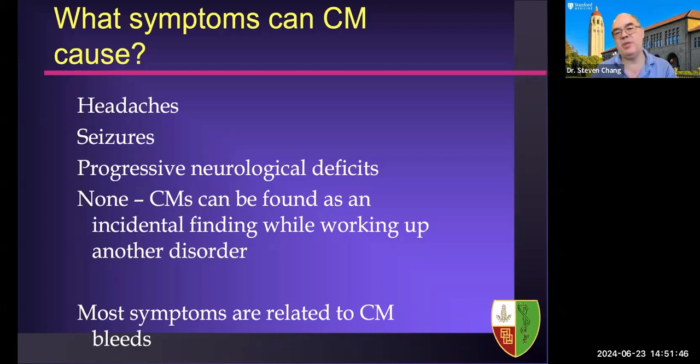They may develop some speech difficulties if the cavernous malformation is located in the language area of the brain, they may develop some visual deficits if the cavernous malformation is located along the visual pathways. So progressive neurologic deficits is the third category, and about 1/3 of patients with cavernous malformations fall into that set of symptoms.